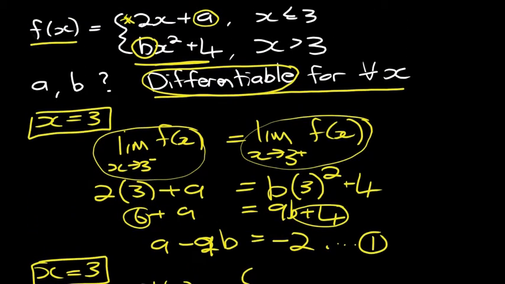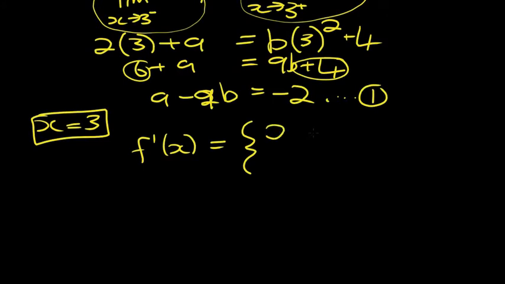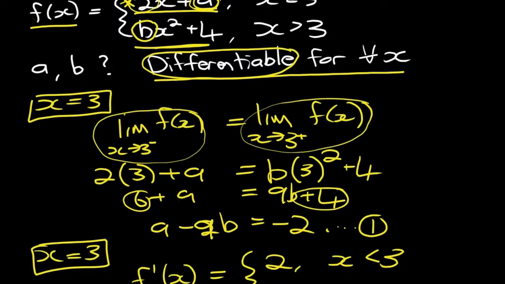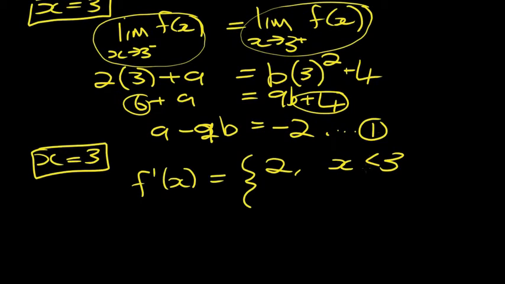If you differentiate 2x plus a in terms of x, you are left only with the 2. The a will fall away because it is not a function of x, so you'll be left with 2 where x is less than or equal to 3.